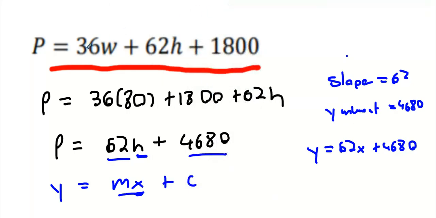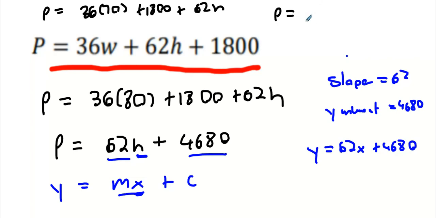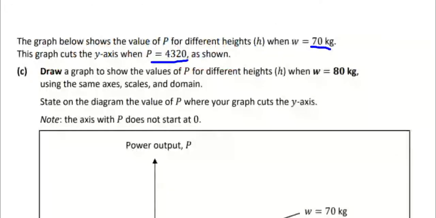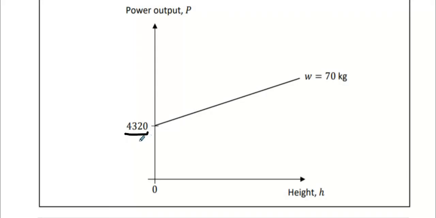So please remember, when this was done for 70, it was 36 times 70 plus 1800 plus 62h, and when you put these two parts together you'd get 4320, and that explains the y-intercept. 4320 would have been the c value.